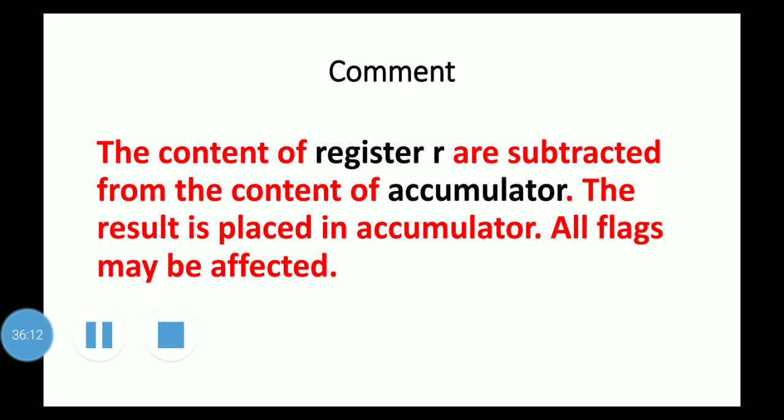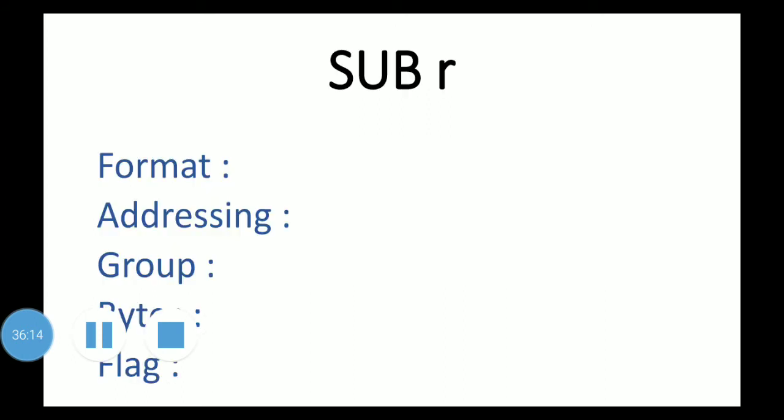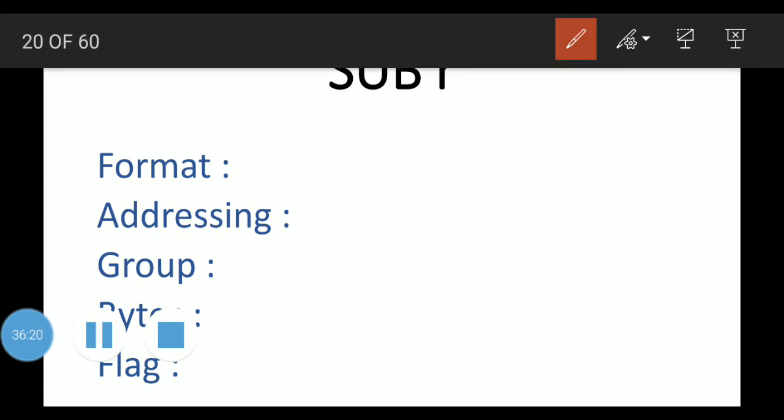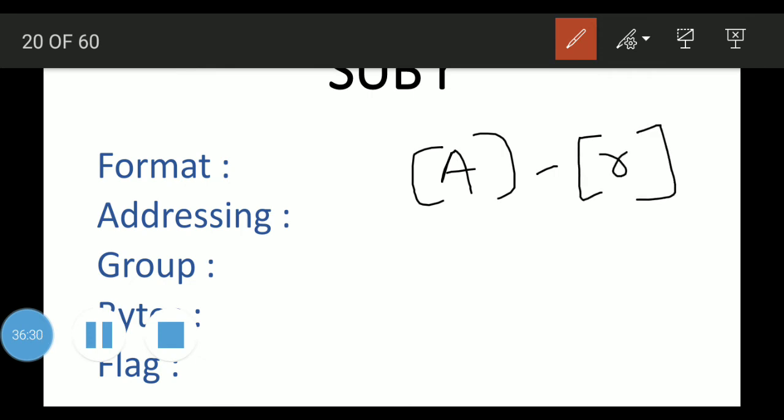Now how to write this format? Like addition, subtractions are also performed. Here the format will be A minus the content of register, and the result will be given in accumulator. Which addressing mode is it?